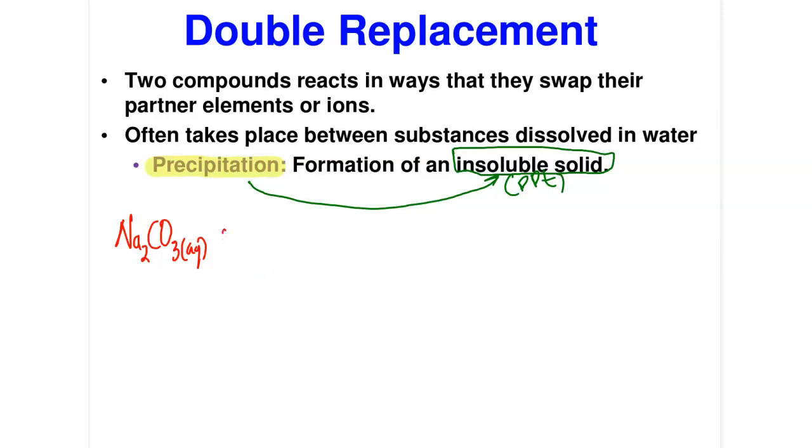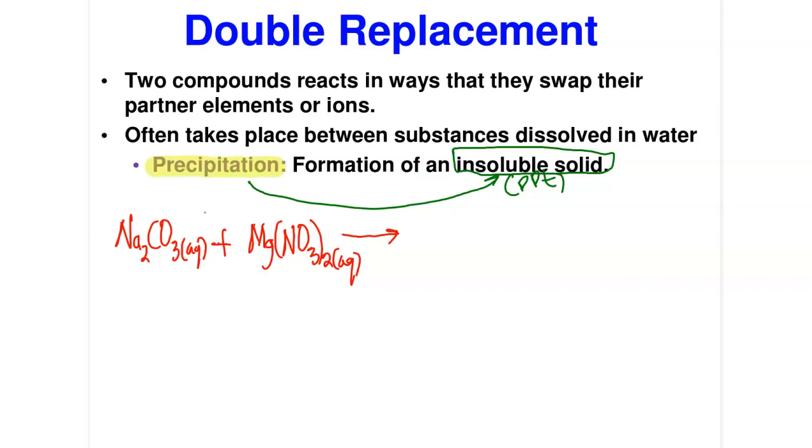So sodium carbonate reacts with magnesium nitrate. Magnesium nitrate, of course, magnesium is 2+, nitrate is 1-. So if they swap their charges, that is going to give us this. And then, now look at what happens here. I'm going to try to use a different color to do this. Now look at what happens here.